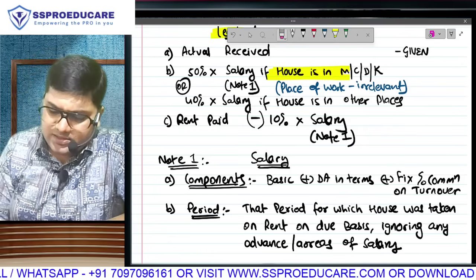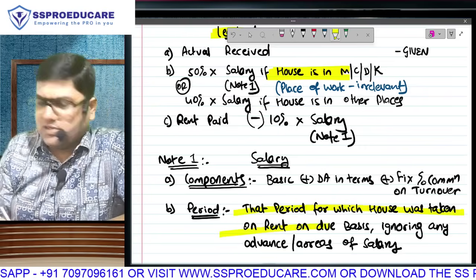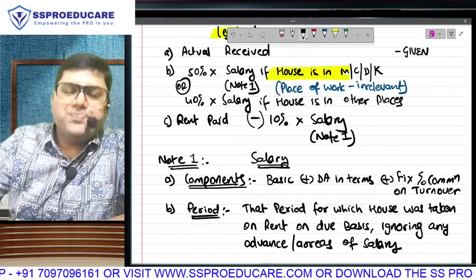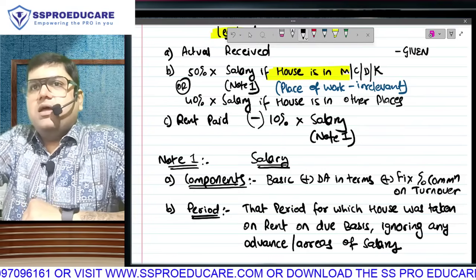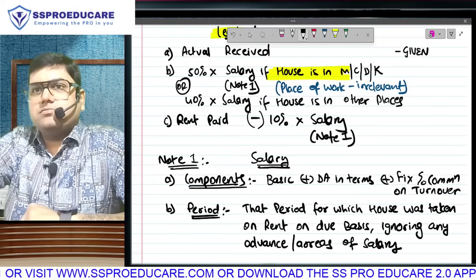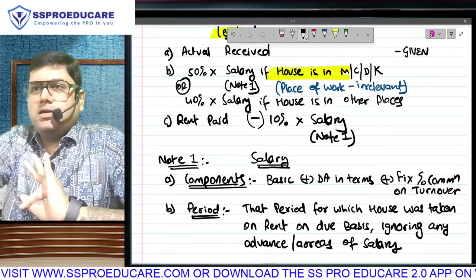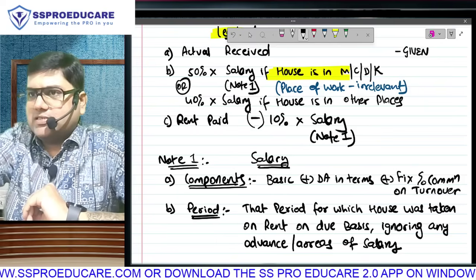Now the last question. You have understood till here that period is the period for which the house was taken on rent on due basis. Last. Supposing my basic salary of the current year is 10 lakh, and I have received next year's salary in advance, rupees 2 lakh. Let me ask my question. Basic salary of the current year is 10 lakh. Next year's advance is 2 lakh.